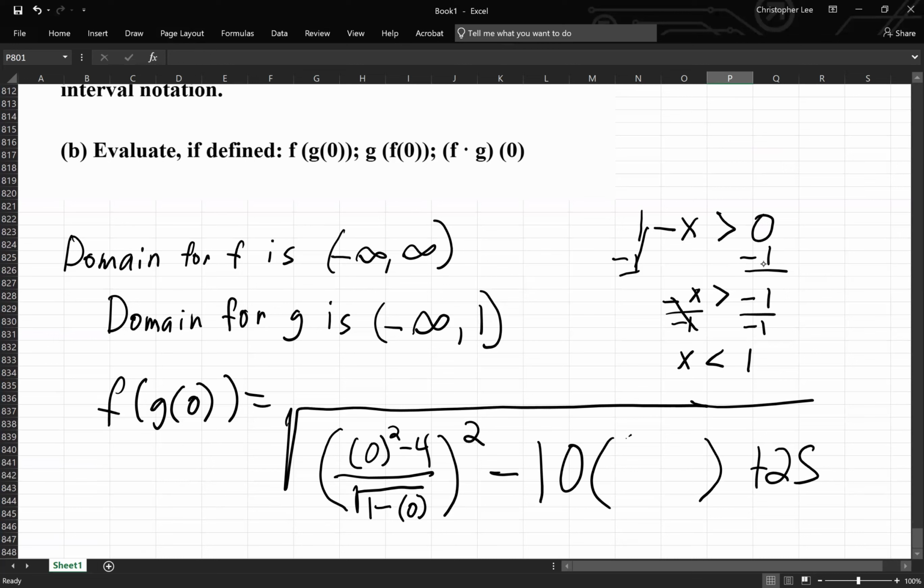So this would be 0 squared minus 4 over square root of 1 minus 0.